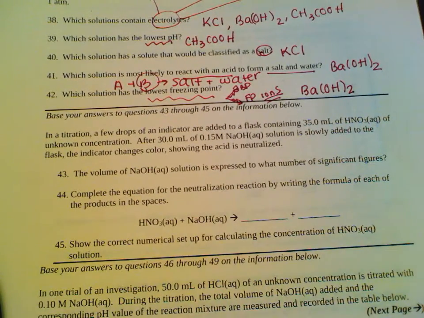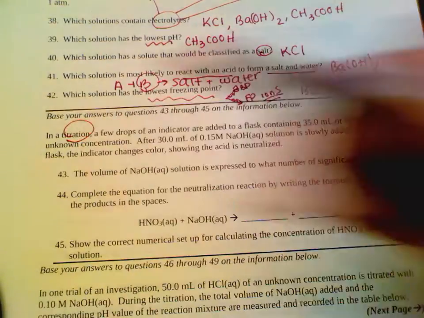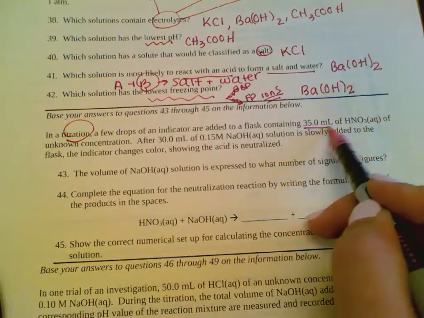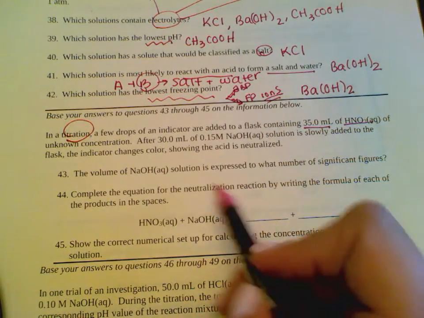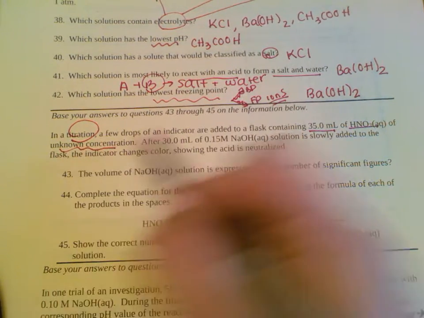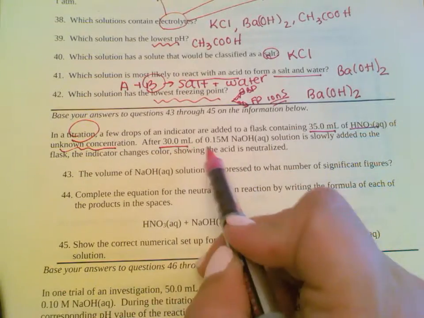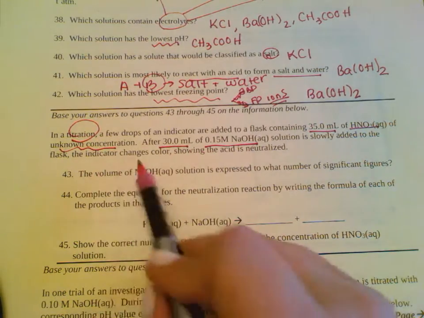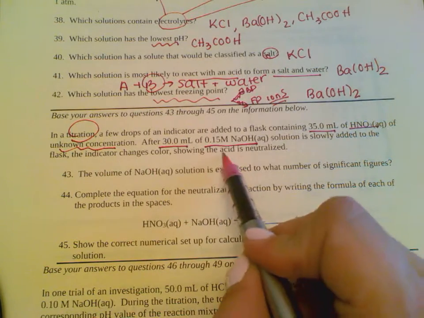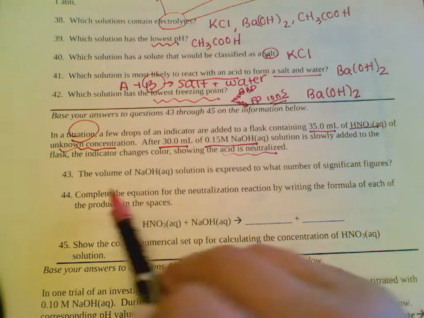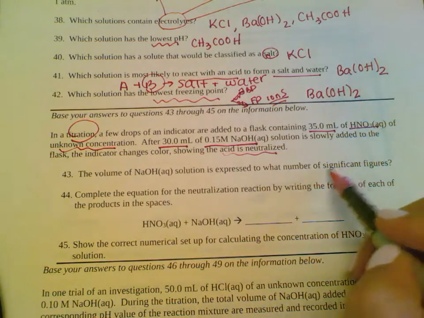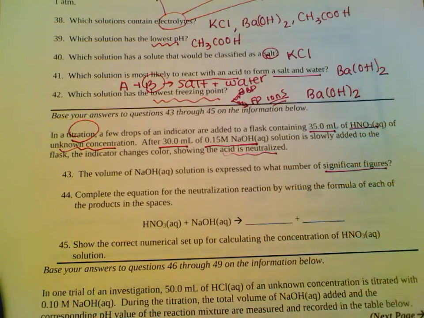Hope I see something about titration. So let's see. A few drops of an indicator are added to a flask containing 35 milliliters of HNO3 of unknown concentration. After 30 milliliters of 0.15 NaOH solution is slowly added to the flask, the indicator changes color, showing the acid is neutralized. 43, the volume of NaOH solution is expressed to what number of significant figures? Back to significant figures.